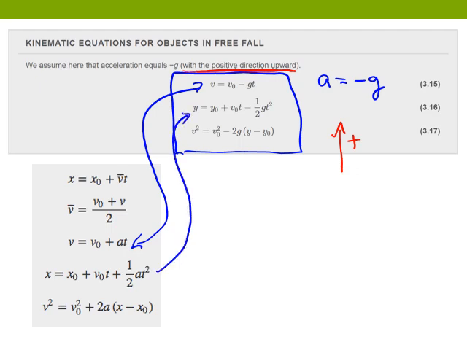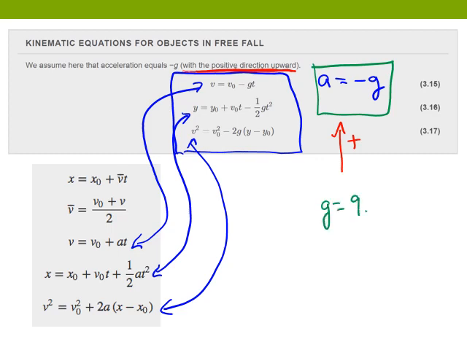We've done the same for these equations, and we've done the same for these equations. So if you understand how to use the kinematic equations in the first place, free fall is just easy. All we've done is we've now said we don't have to look for the acceleration anymore. We already know it. It is gravity. And that is then 9.8 meters per second squared.